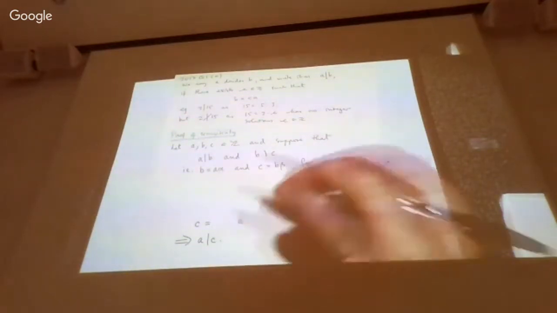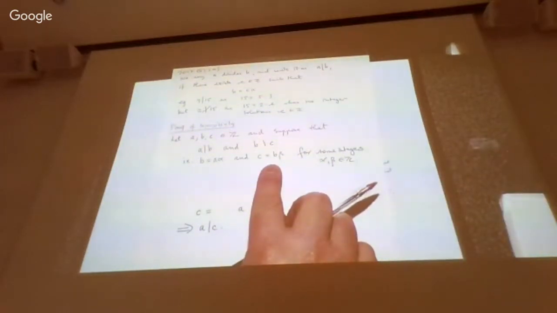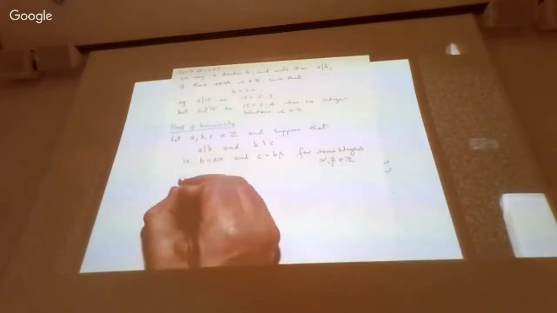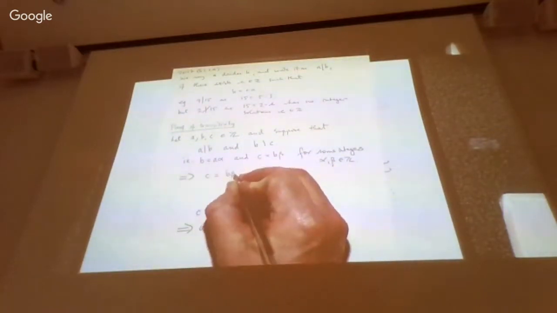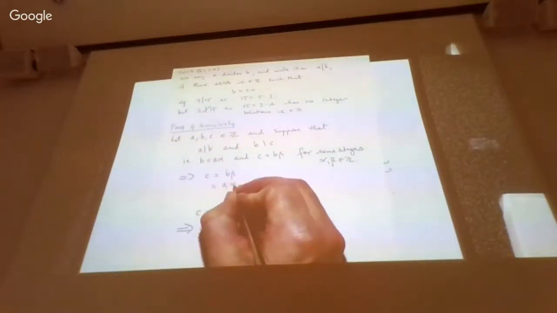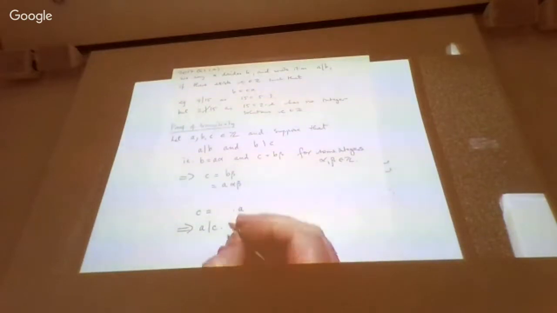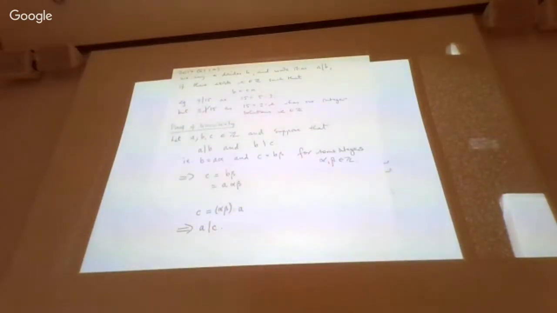So, I mean, I left way too much of a gap there because really then it's just a substitution. That implies that we can write C as B beta, but then we replace the B by A alpha beta. And getting this conclusion here is literally just introducing parentheses to emphasize the structure here.